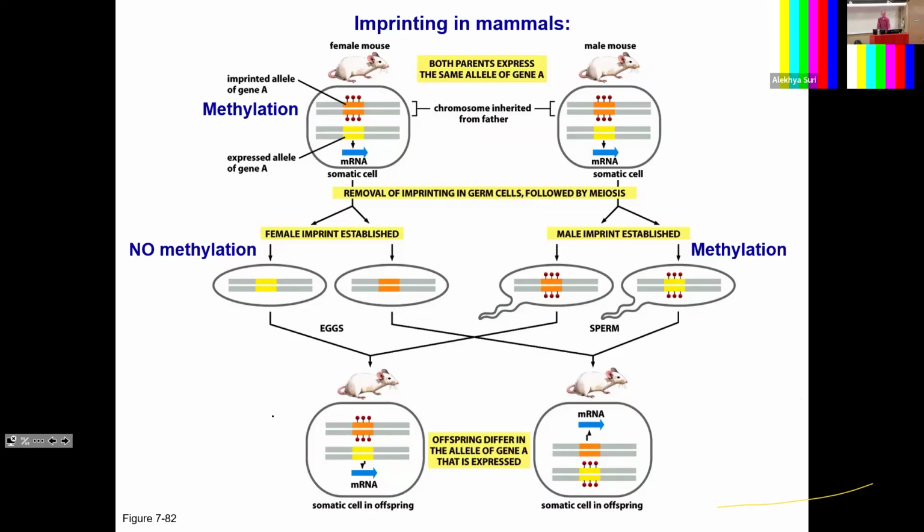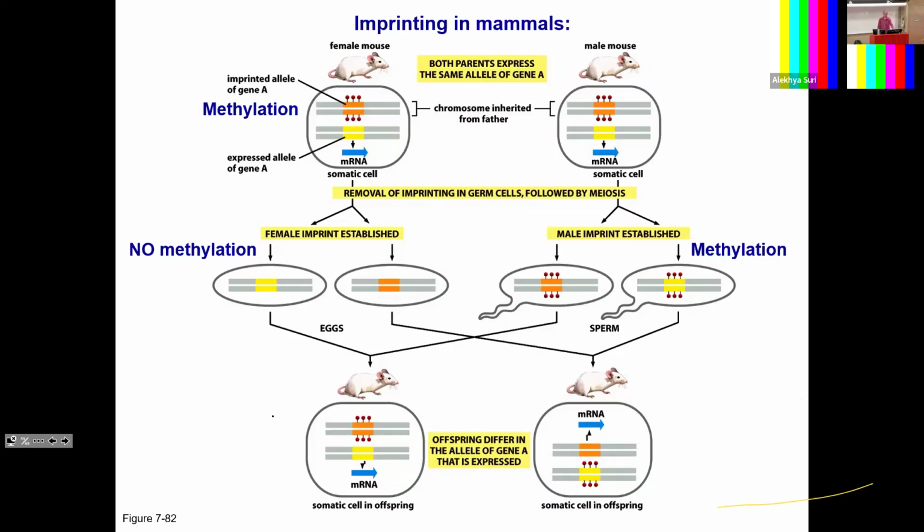So you see here what was not methylated before, this yellow gene in the top cell here, gets methylated after meiosis in the sperm cells, because these methylases are there and they just put the methyl groups at these places.